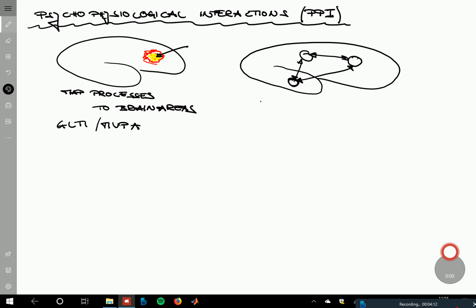So, interactions of brain regions in a cognition-dependent manner.